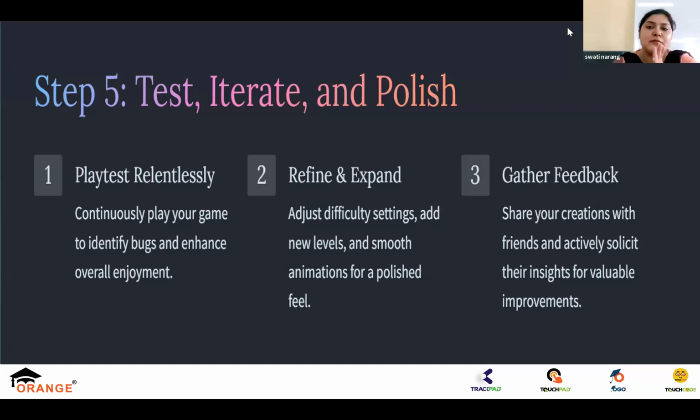Suppose the first level is less difficult, then the second one is more difficult, and it keeps on increasing the difficulty level. Then gather feedback. You'll have to give this game to people around you and ask them to play. So these are the 5 steps which we would do.